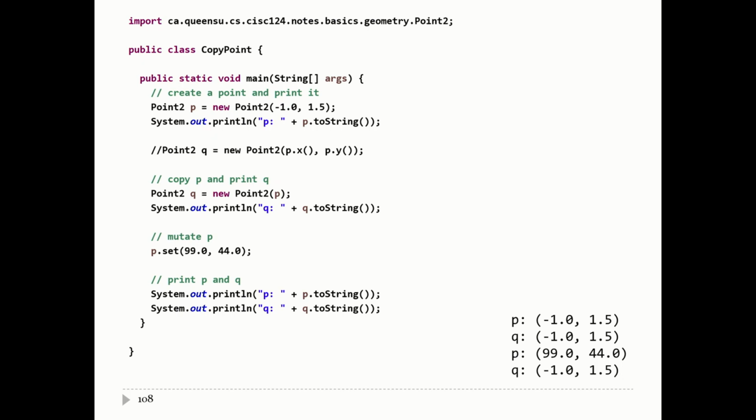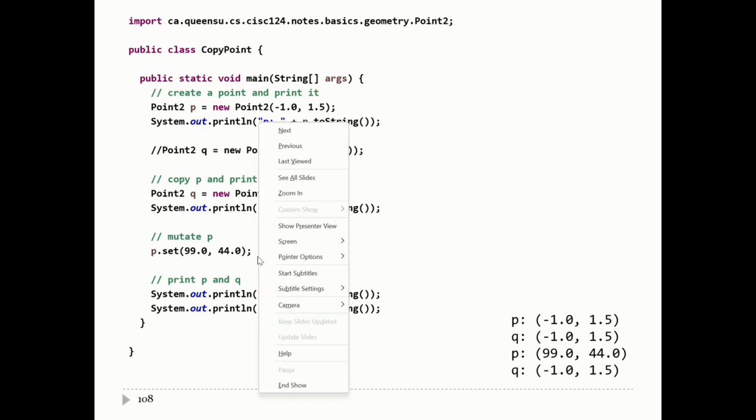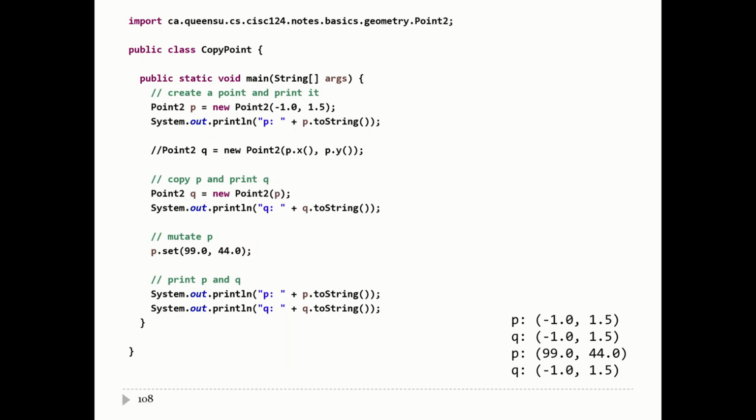Now when you use a copy constructor, you end up with a second independent object. So P and Q refer to two different objects. If I print out P and Q, they both have the same coordinates. If I change the coordinates of P and then print out P and Q again, P changes but Q doesn't.